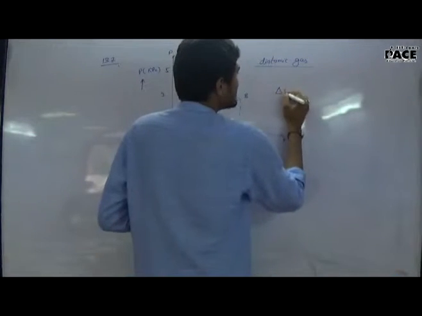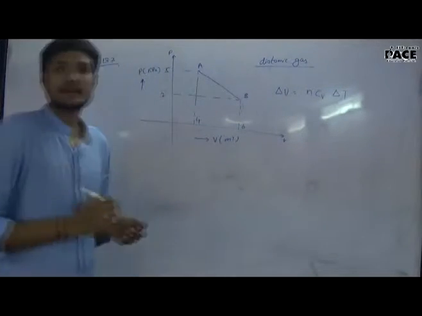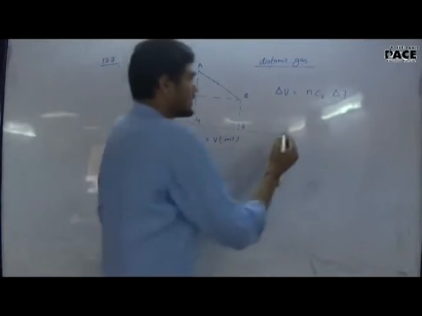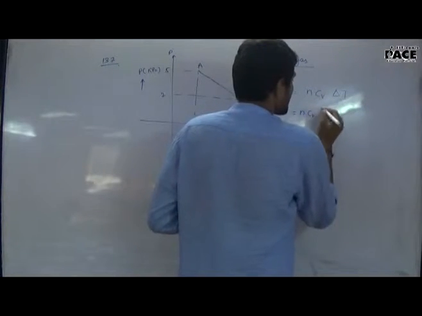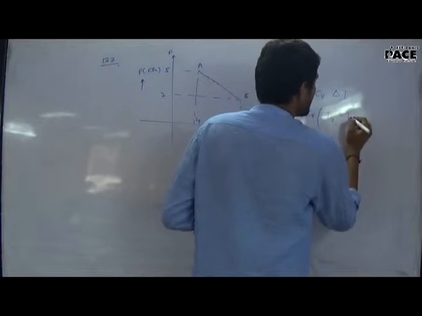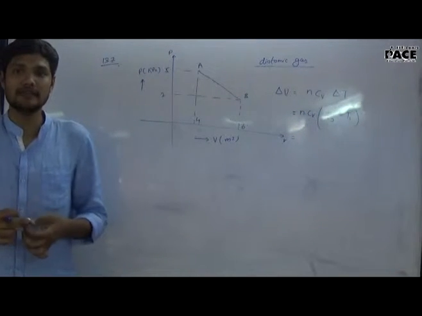As we know from the laws of thermodynamics, change in internal energy is nothing but nCv delta T, where delta T is the change in temperature. So we can write nCv delta T as nCv into T2 minus T1, and T2 and T1 can be determined from the values of P and V.